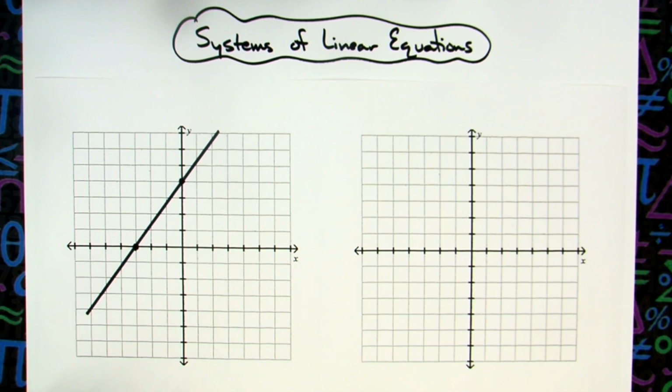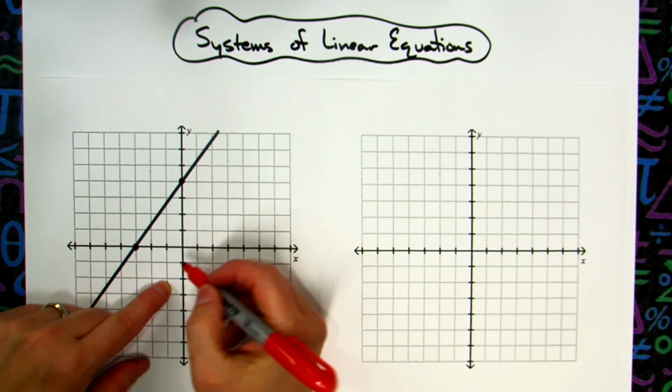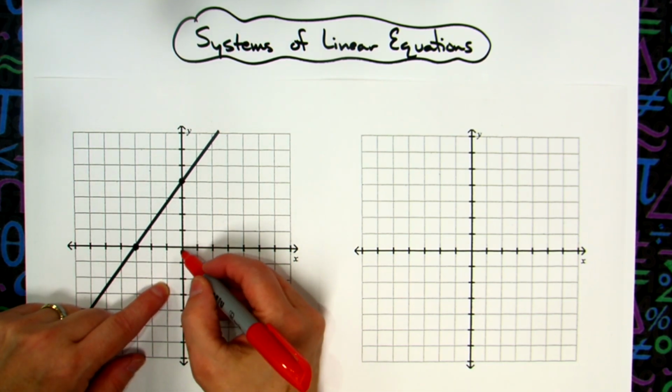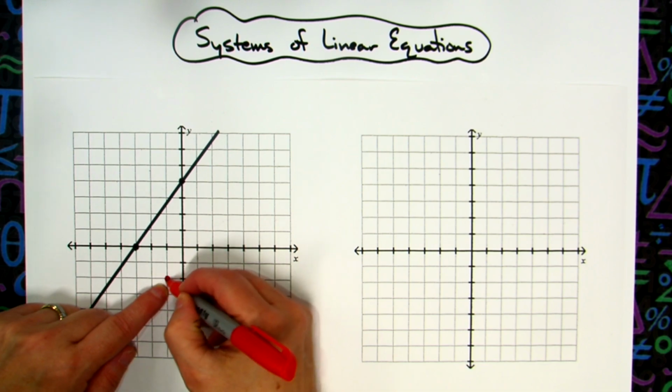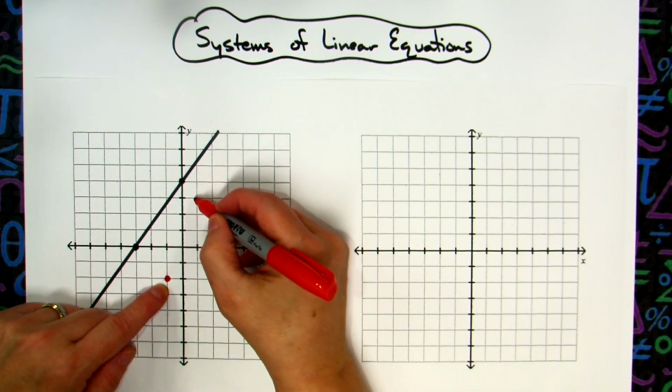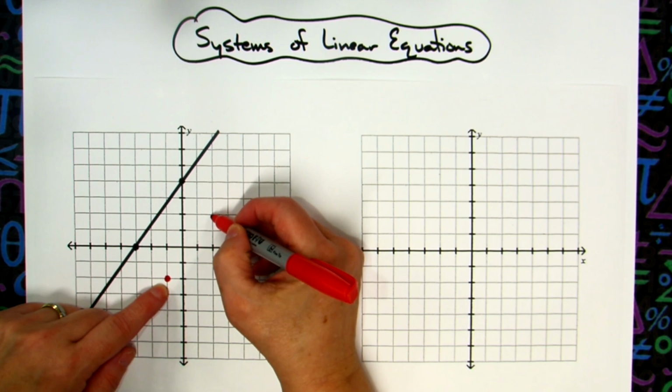And then when we graph our second line, let's put a dot at -1, -2, and then our other dot at 2, 2.